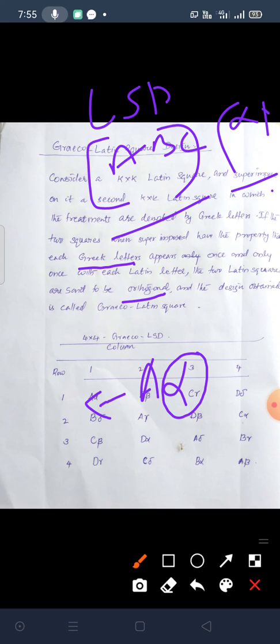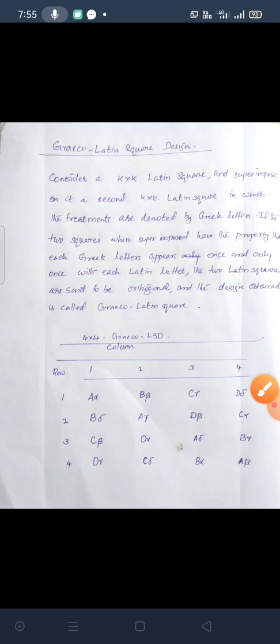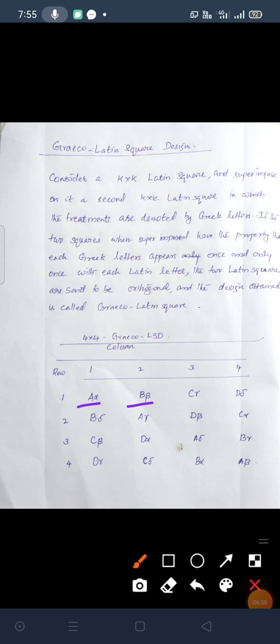So these are orthogonal, and the superimposed design is said to be a Graeco Latin square. So A alpha, B beta, C gamma, D delta, etc. occur only once. The A alpha combination occurs in only one cell. So this type of design is a Graeco Latin square.